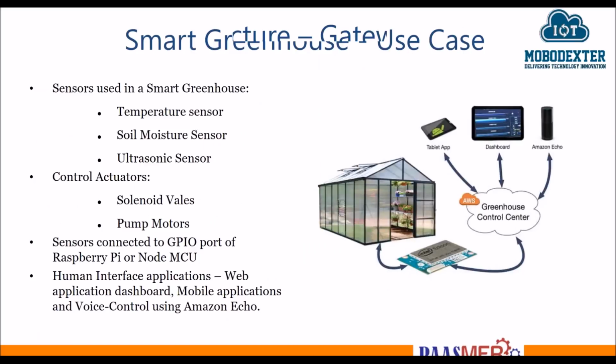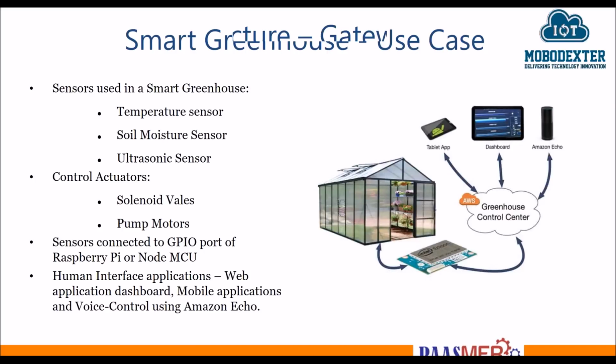Moving on to the next slide. So we have the smart greenhouse use case. A typical smart greenhouse would have various sensors: a soil moisture sensor, an ultrasonic sensor for the tanks, a temperature sensor for determining the ambient temperature, and a lot of other sensors like a humidity sensor, an open-close sensor, a valve sensor, a solenoid, and things like that.